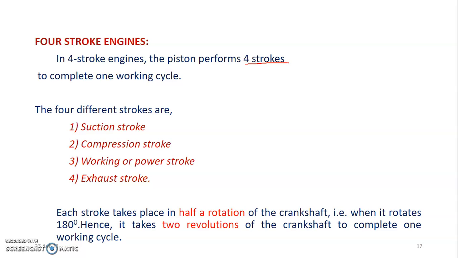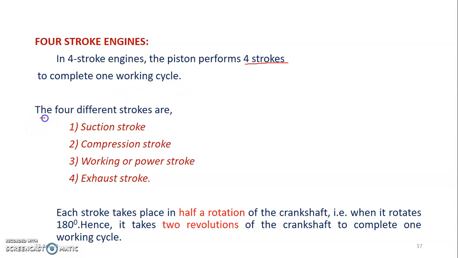To complete all these processes it takes four different strokes: the piston moves top to bottom, bottom to top, top to bottom, and again bottom to top. Like this the entire process in the internal combustion engine is completed, and we can get power from burning the air and fuel inside the engine cylinder. The cycle is completed by moving the piston four times, so it is called a four stroke internal combustion engine.